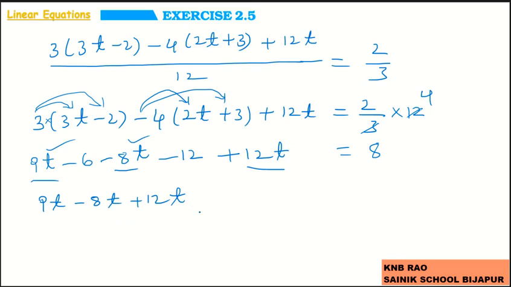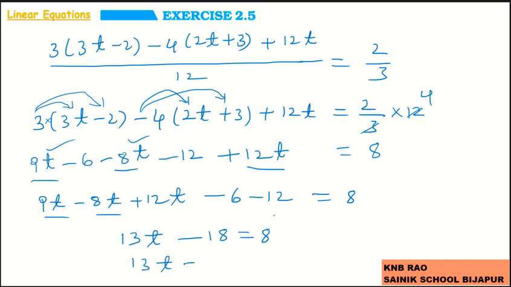Minus 6 minus 12, they are constants written in one place, equals 8. 9t minus 8t gives 1t, plus 12t is 13t. Minus 12 minus 6 is minus 18 equals 8. So, 13t minus 18 equals 8.